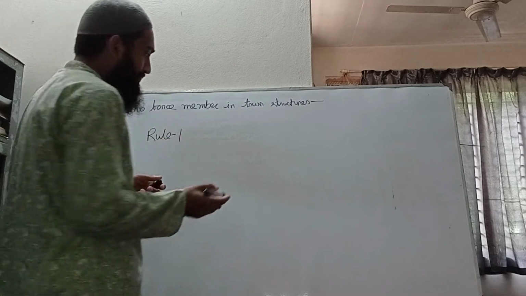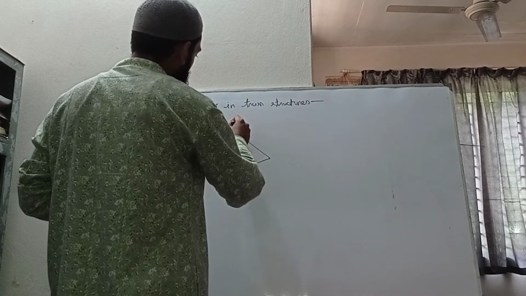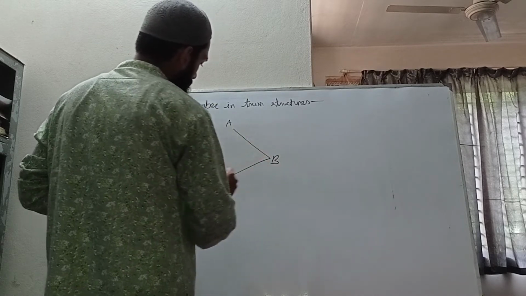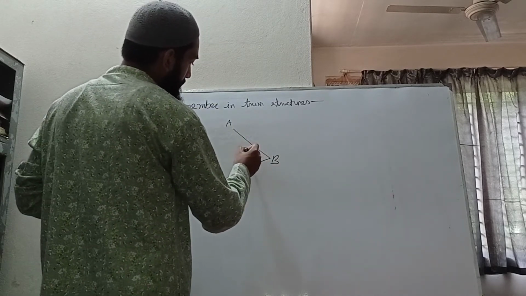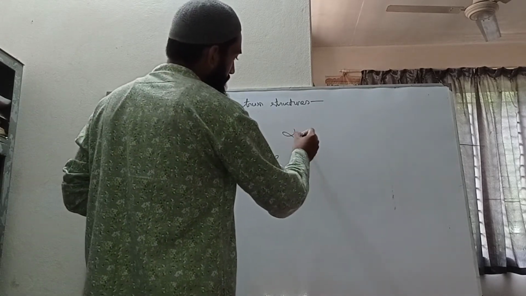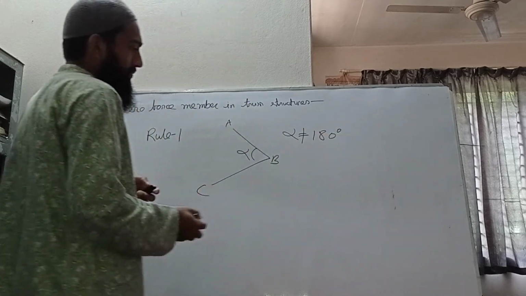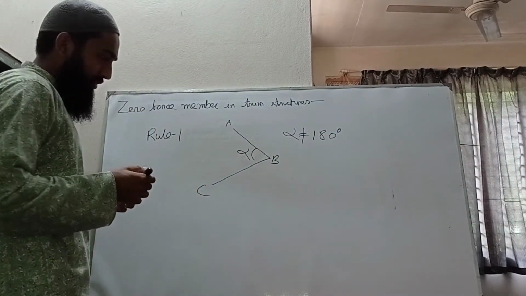Rule 1: when a joint consists of only two members having internal angle of alpha and alpha is not equal to 180 degree, then both of these members are zero force members.